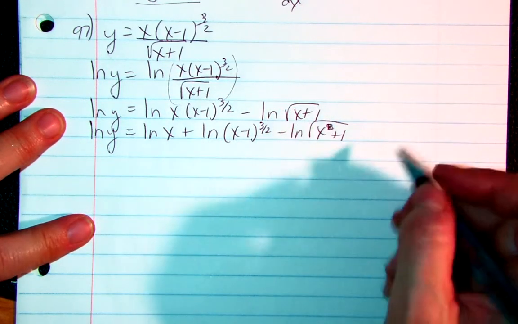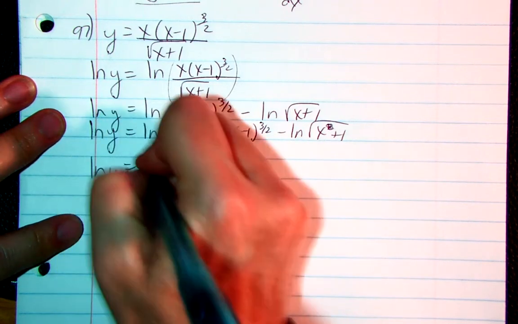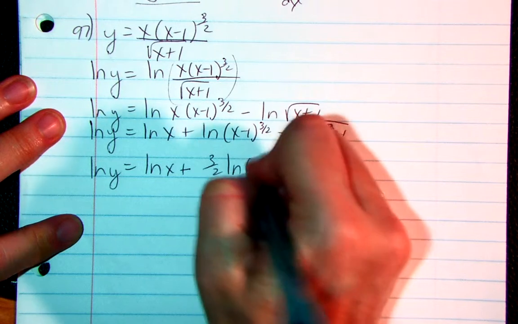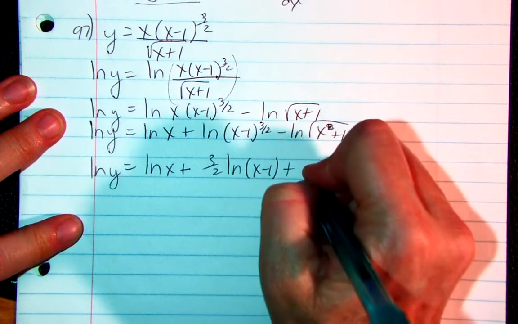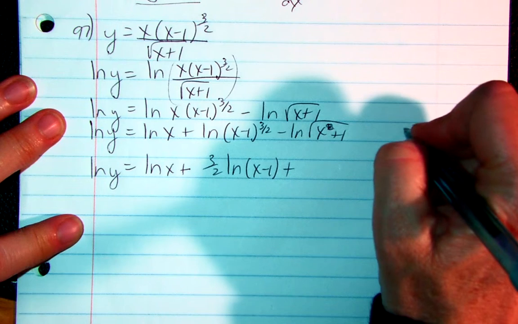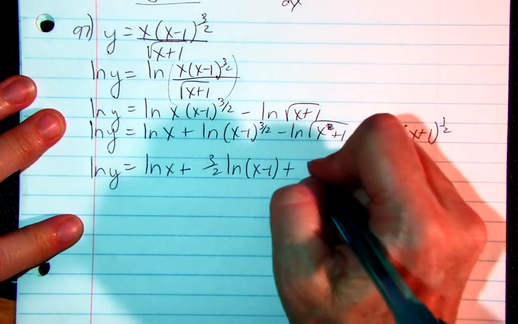Next, I'm going to put a 2 there, sorry. Next, I'm going to use the power rule. Oops, and look at this one here. Isn't square root of x plus 1 really x plus 1 to the 1/2? So I'm going to use the power rule here also.